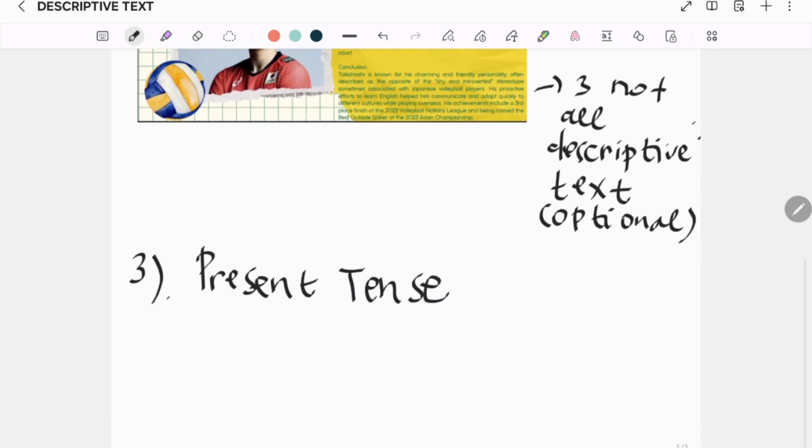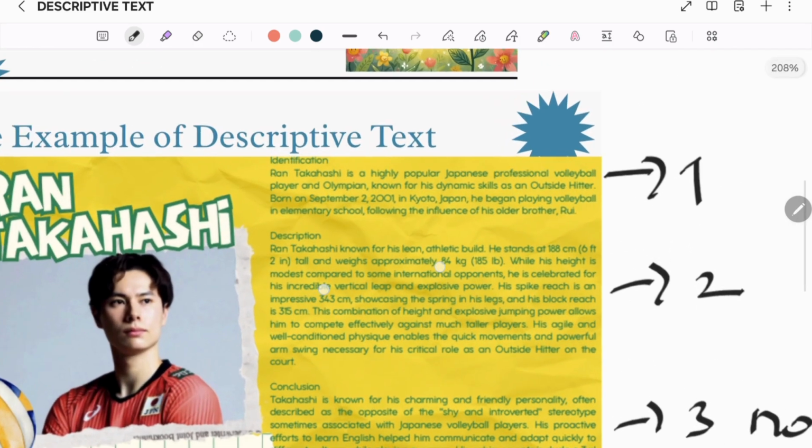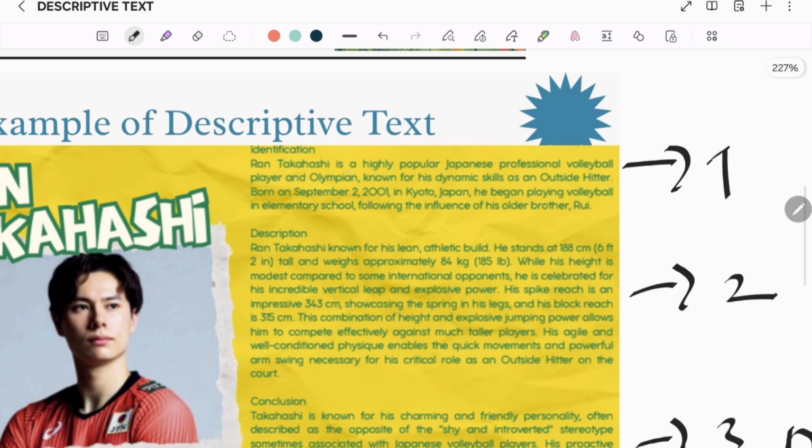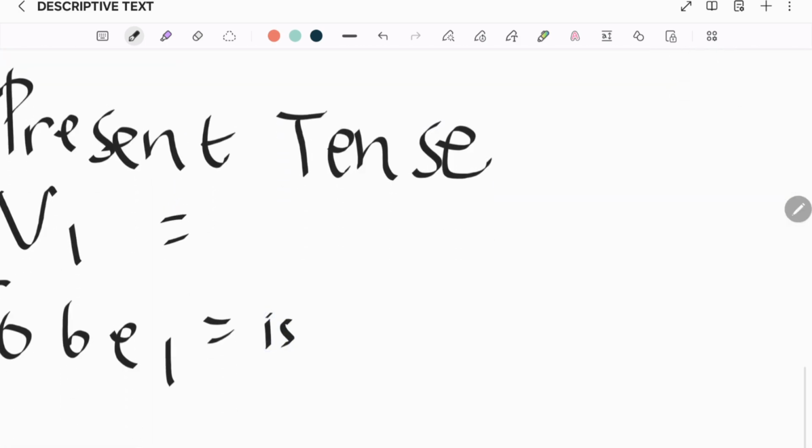We know that present tense uses verb one or to be one. In the first paragraph, find out verb one or to be one. As we know, the to be one here is 'is'. So you can write 'is' here.